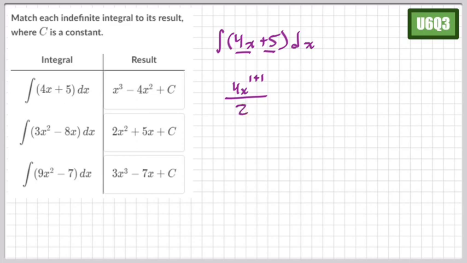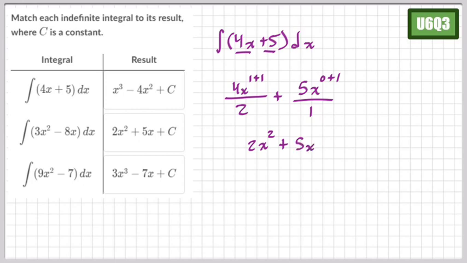And for the 5, it does have an x, but it has a 0 power. He's invisible, a ninja right here. We add 1 to the 0, and divide by 1. What is 4 divided by 2? 2x squared. So it's 2x to the second power plus 5x.